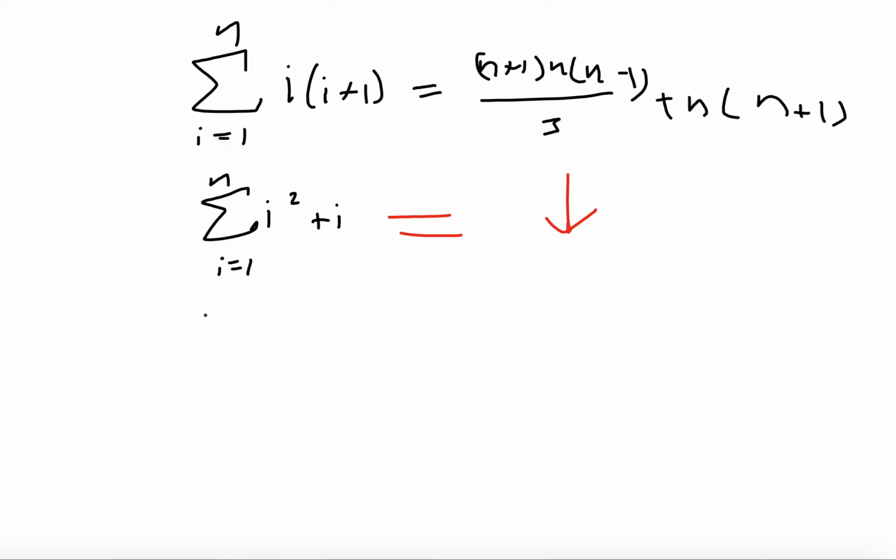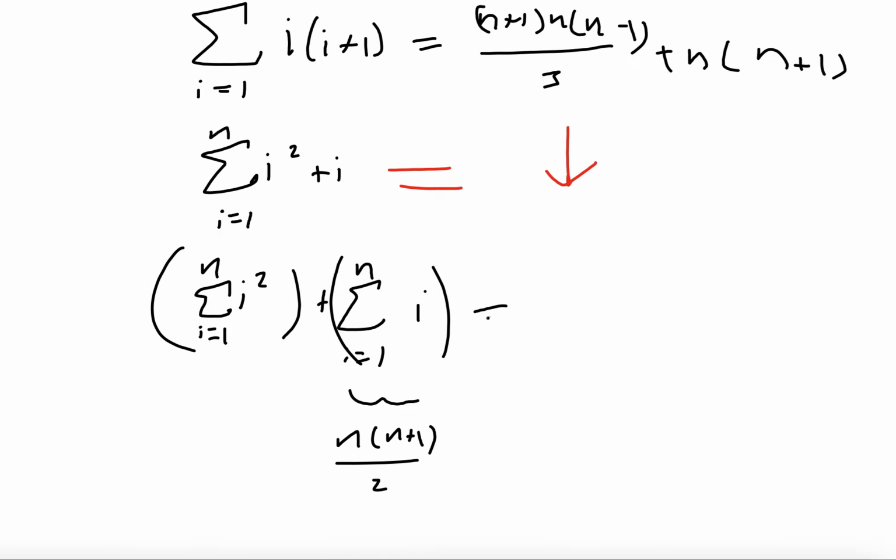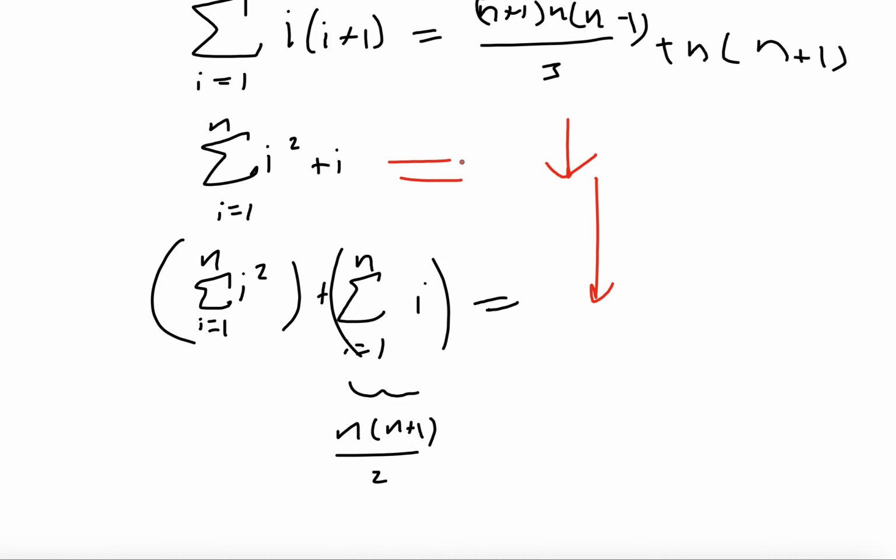Which means that we have the sum as i goes from 1 to n of i squared, plus the sum as i goes from 1 to n of i, which we of course know once again to be n plus 1 choose 2, which I'm going to write as n times n plus 1 over 2. That's going to be equal to that same expression above.